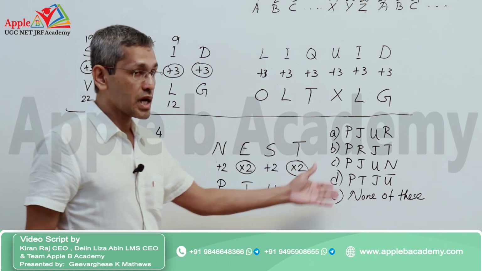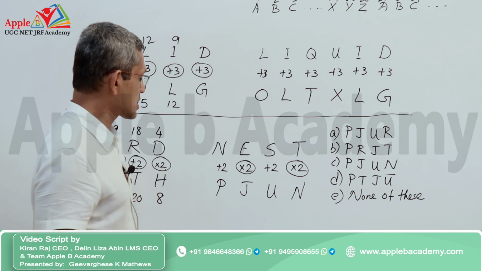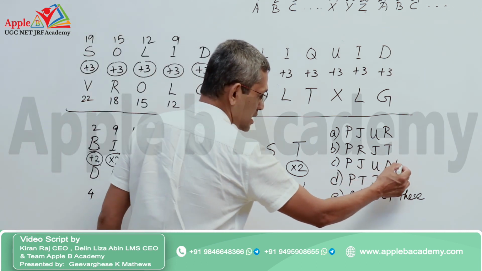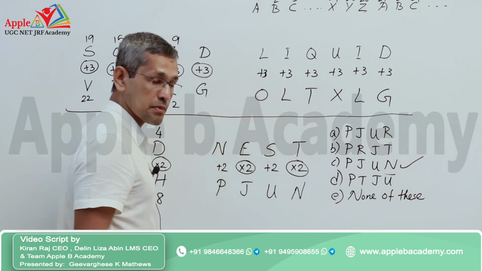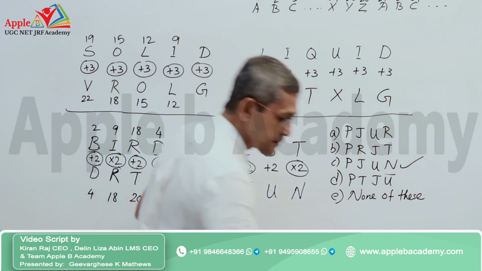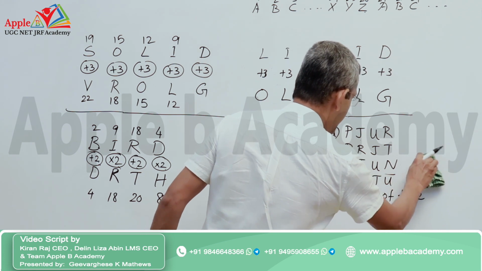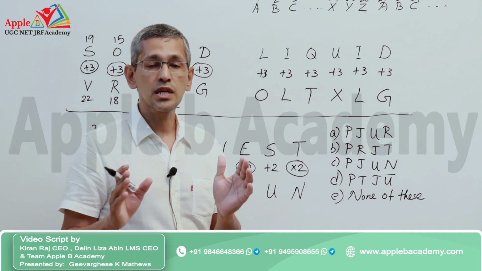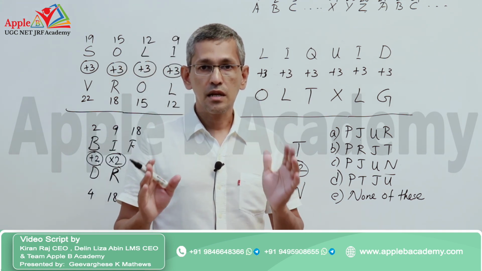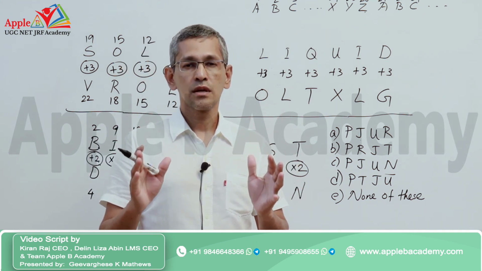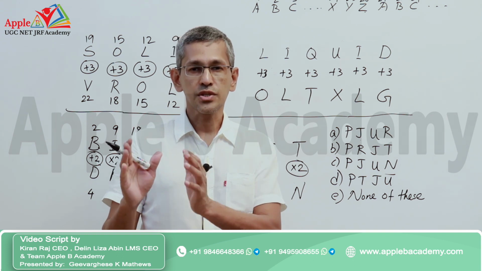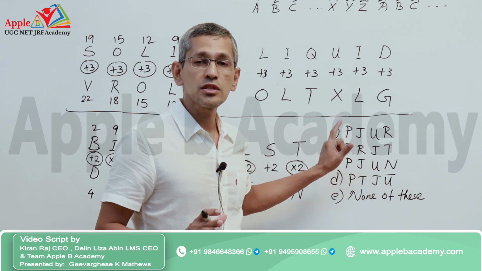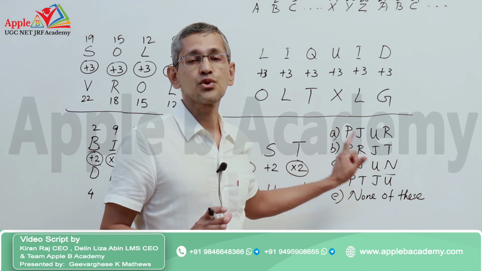That all depends on the answer choices you have. So in this case, if you look at P, J, U, N and you have that answer here, that would be the correct answer. But if that answer choice is not given there, then what you are looking for is none of these. So in logical reasoning or mathematical reasoning, always think about the answers in such a way that we select one among the best answers from the choices given.